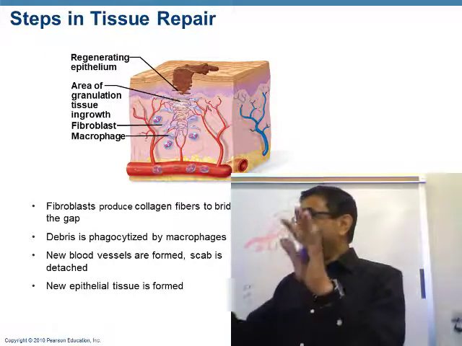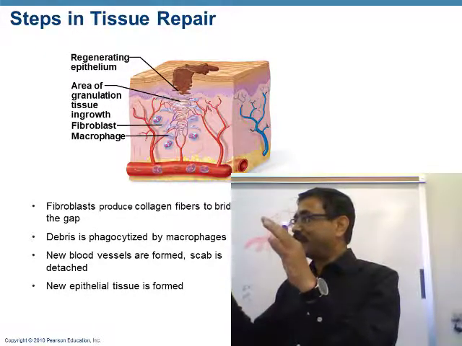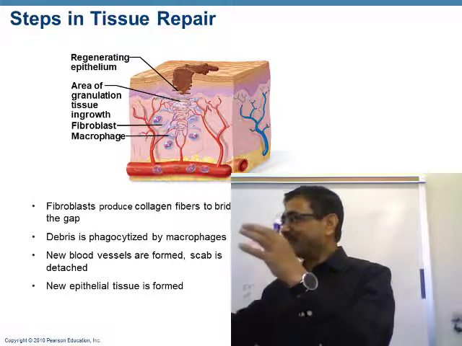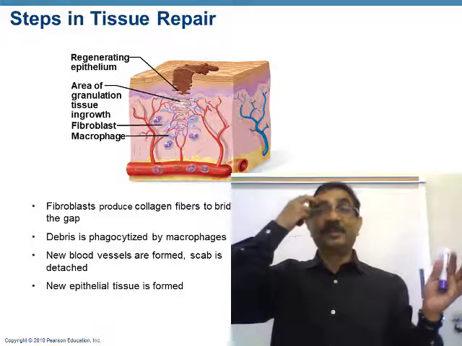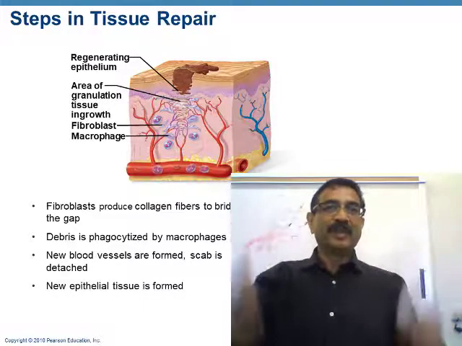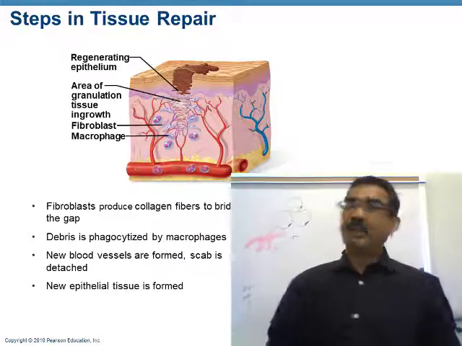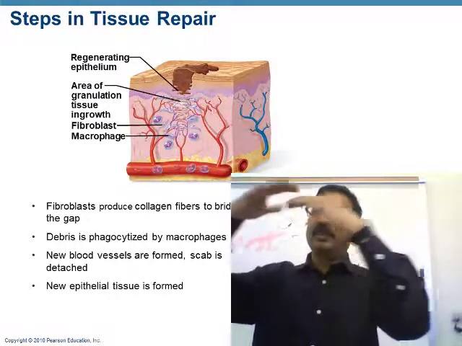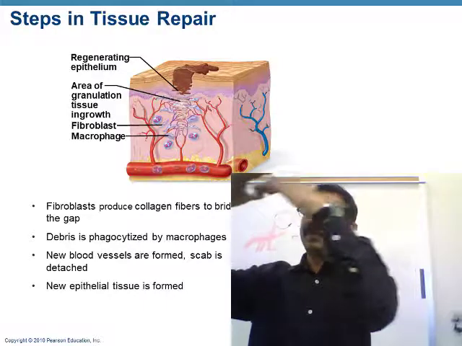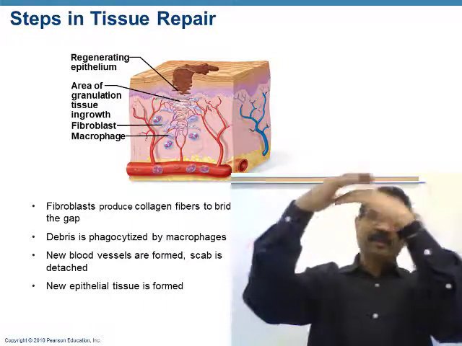You remember at the very beginning I said fibroblasts produce what? Fibers. Fibroblast, the name is telling you. Connective tissue cells, right, produce fibers, collagen fibers. So the fibroblast will produce collagen fibers and that will fill the gap. Okay, bridge the gap.